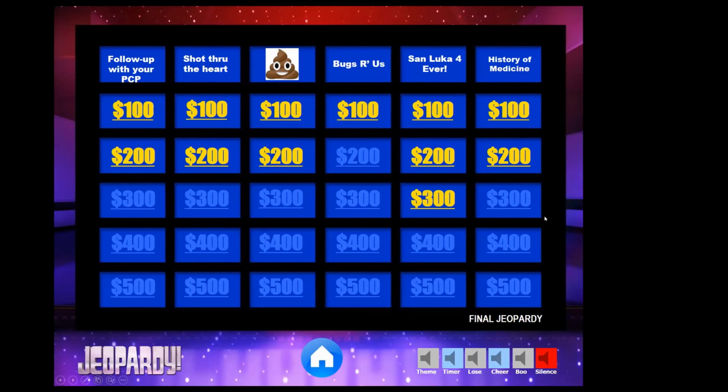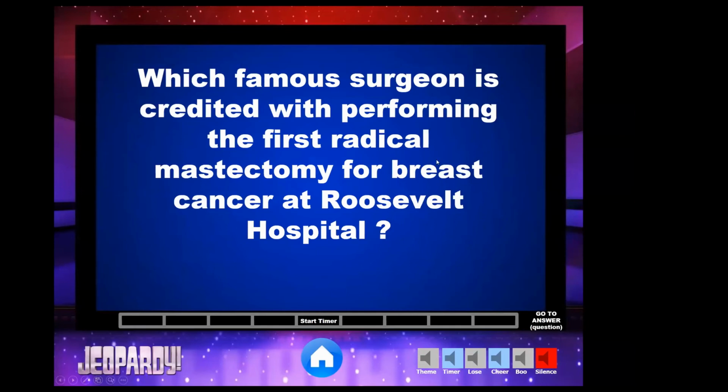All right, let's hurry up. Okay, we're going to go with San Luca forever, 300. Okay, good. Which famous surgeon is credited with performing the first radical mastectomy for breast cancer at Roosevelt Hospital?